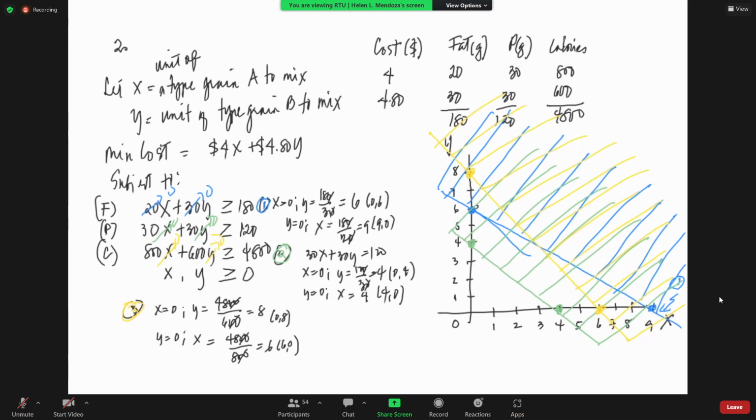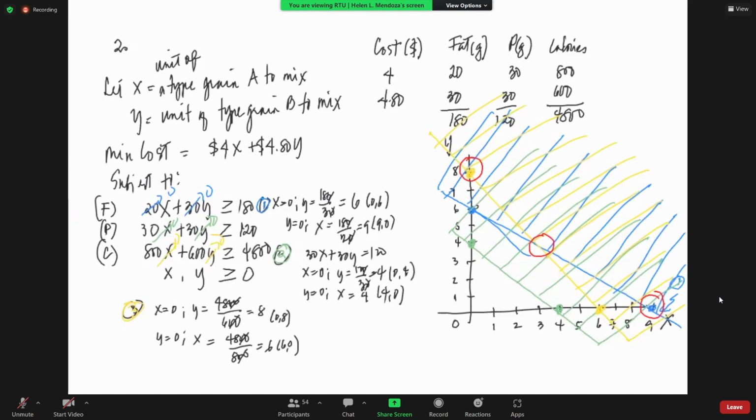So let us try to take the corner points of that feasible region. This is an open-ended region, no? But it is bounded by corner points. So we have this, and this. Yun lang siya.